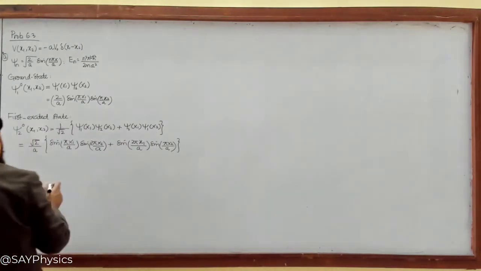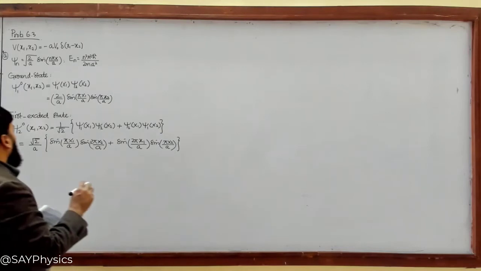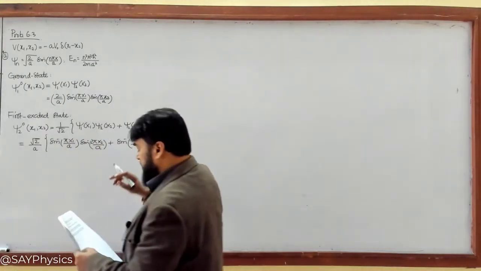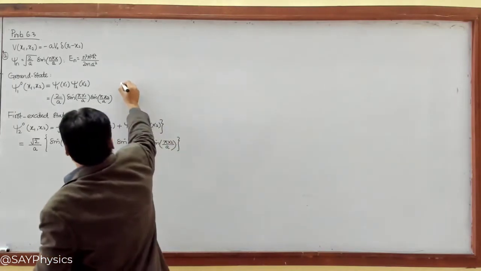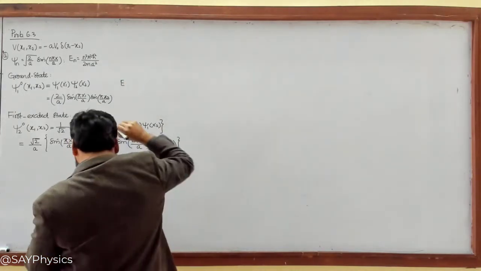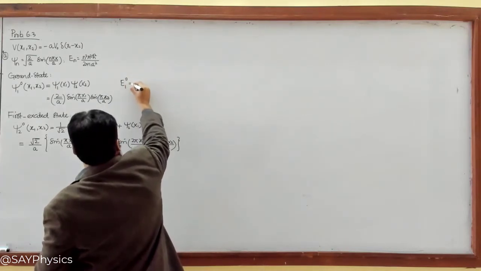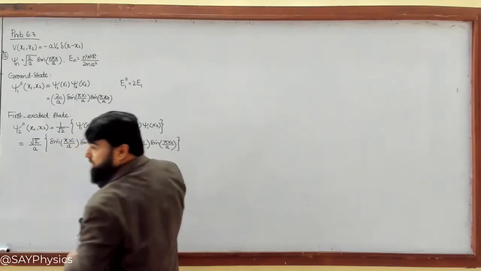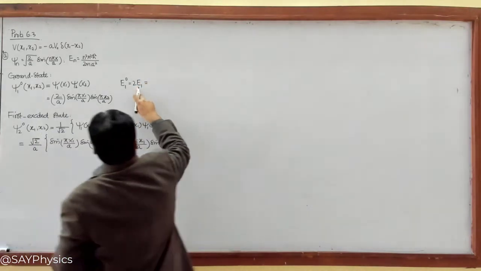And what about the energies? Let me write the energy for this one. The energy for this one is E10, the ground state energy, which, since the two bosons are there, is 2 times E1.